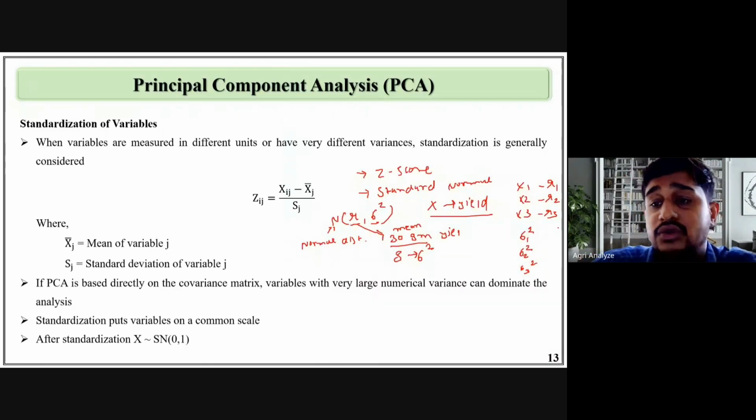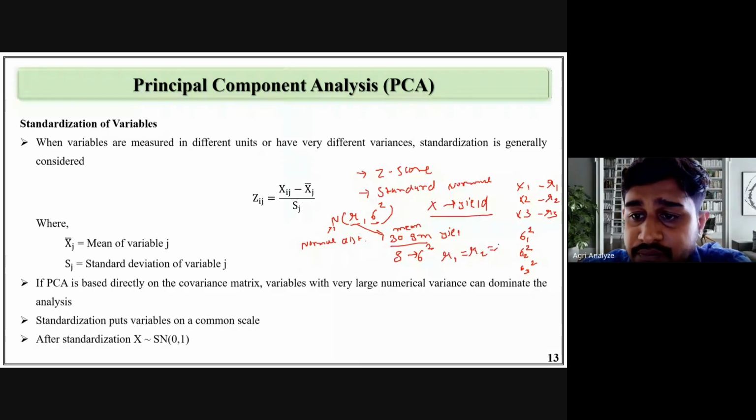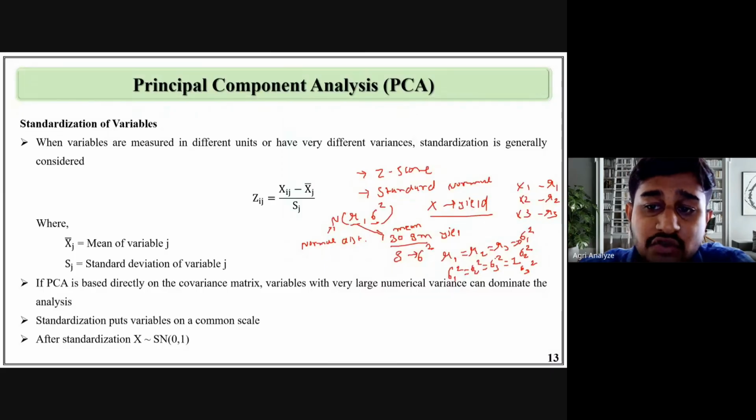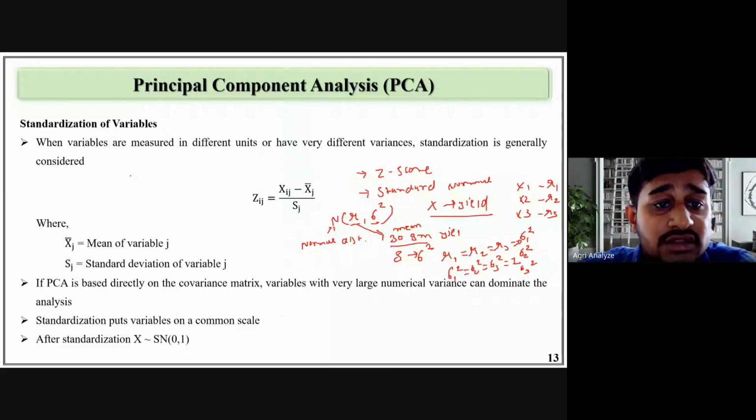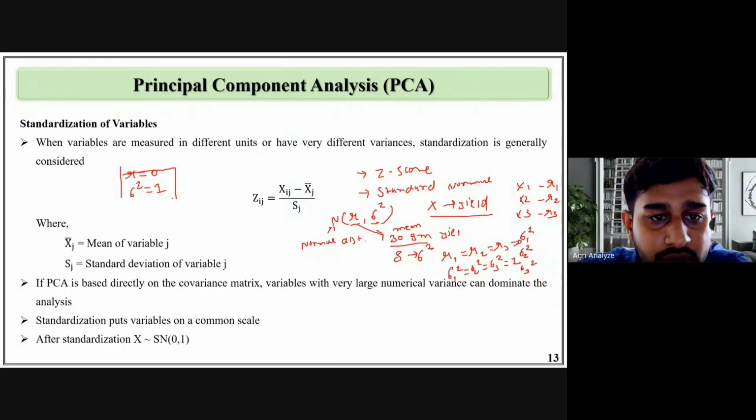So first we have to standardize our data in such a way that all the variables have mu equal to 0 and sigma 1 square, sigma 2 square, sigma 3 square equal to 1. We have to transform our variables so that all have mean 0 and variance 1.